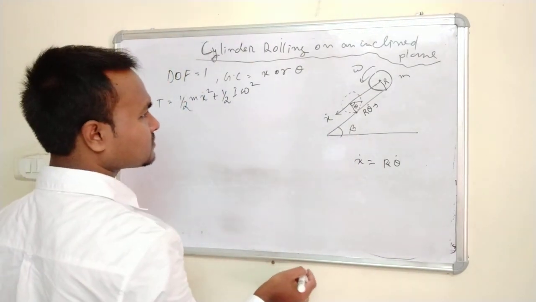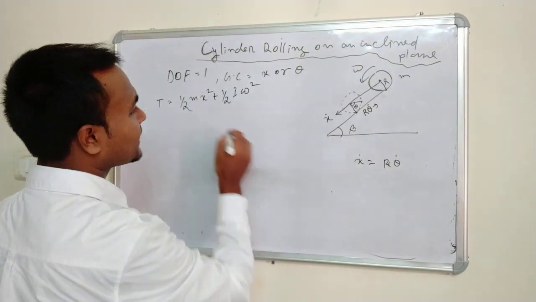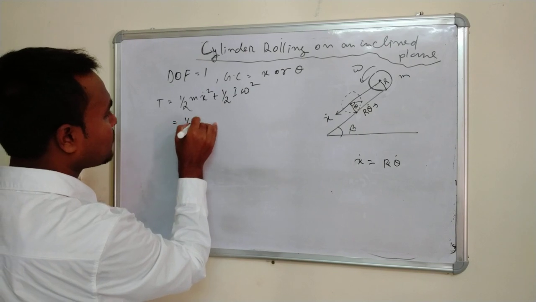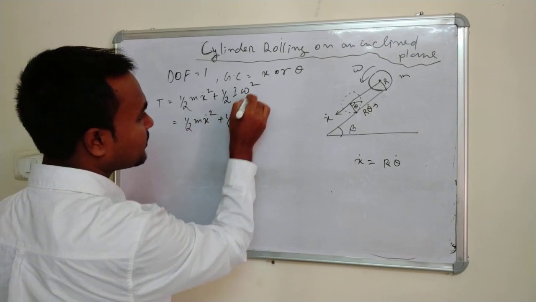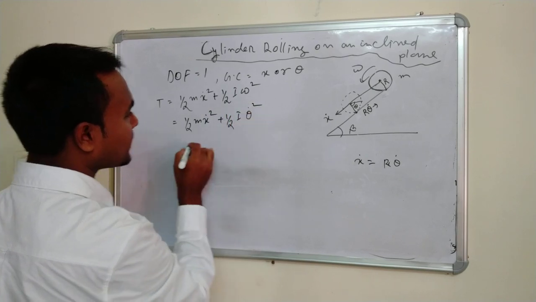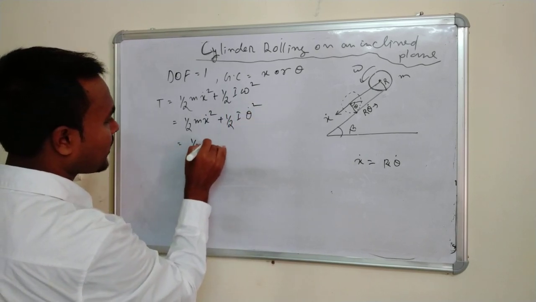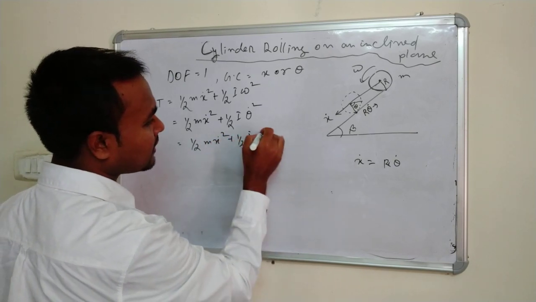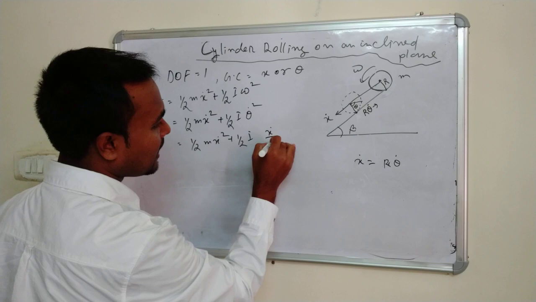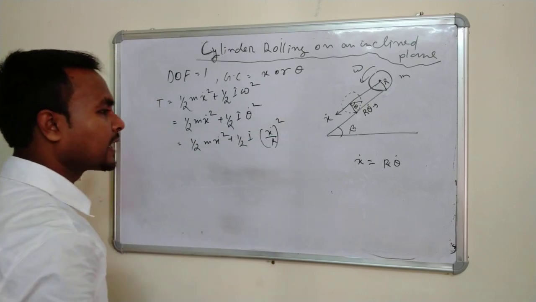So what I can write is equal to half of m x dot square plus half of I, omega is nothing but theta dot square. So I can write half of m x dot square plus half of I, x dot by r whole square. So this is the kinetic energy.